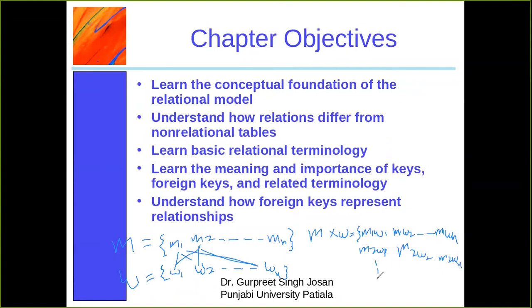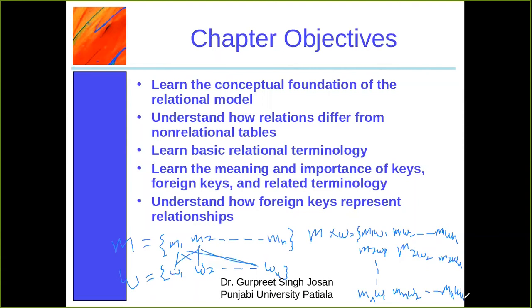In the same way we will continue: Mn with W1, Mn with W2, and continue up to Mn with Wn. Agree? So we will create a new set by the cross product of M and W.